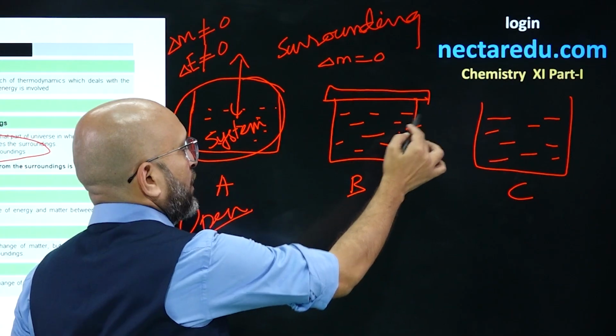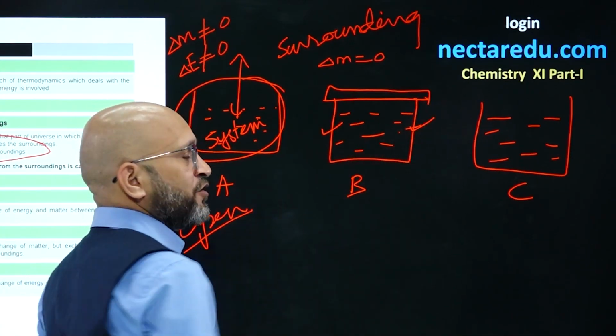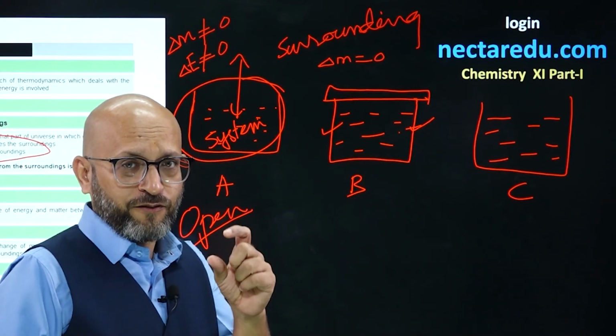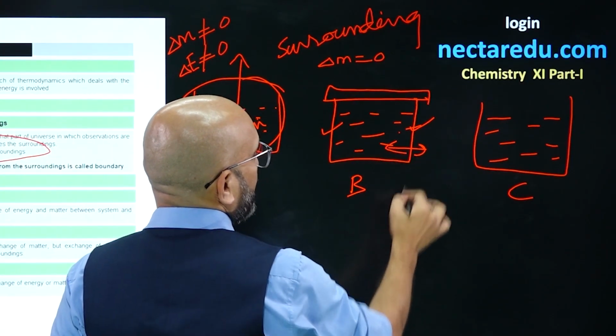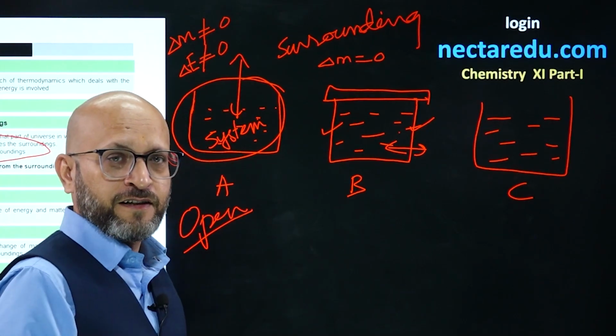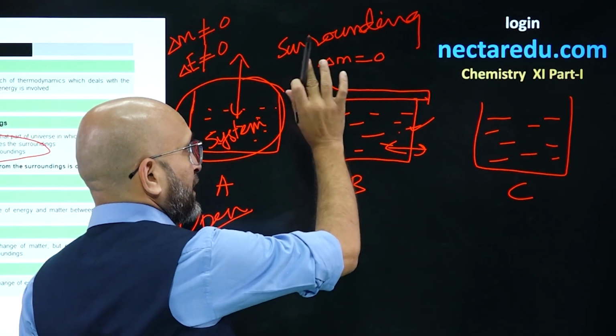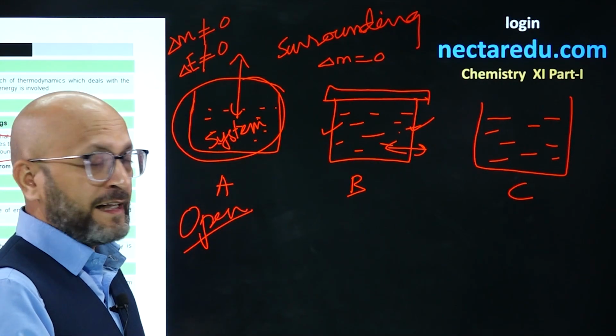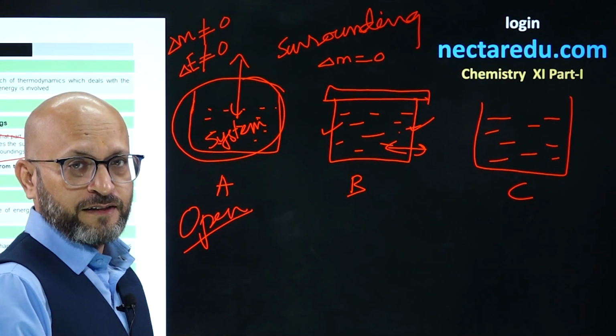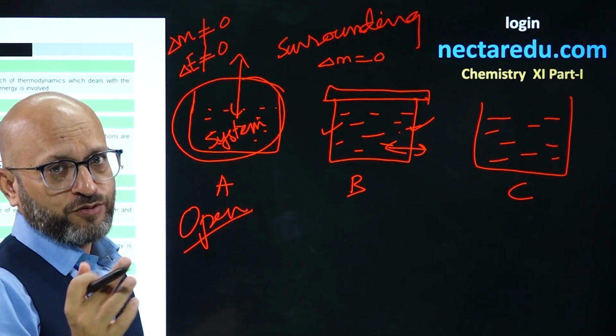But this wall and this wall are not insulated walls. These are conducting walls. So exchange of energy will happen through these walls. So we can say there is no exchange of mass, but there is exchange of energy. Such a system we call a closed system, right?